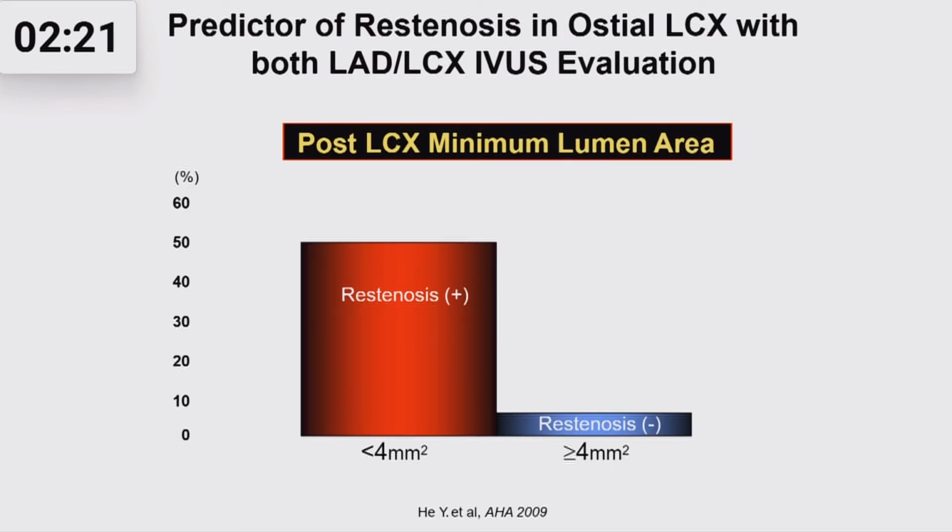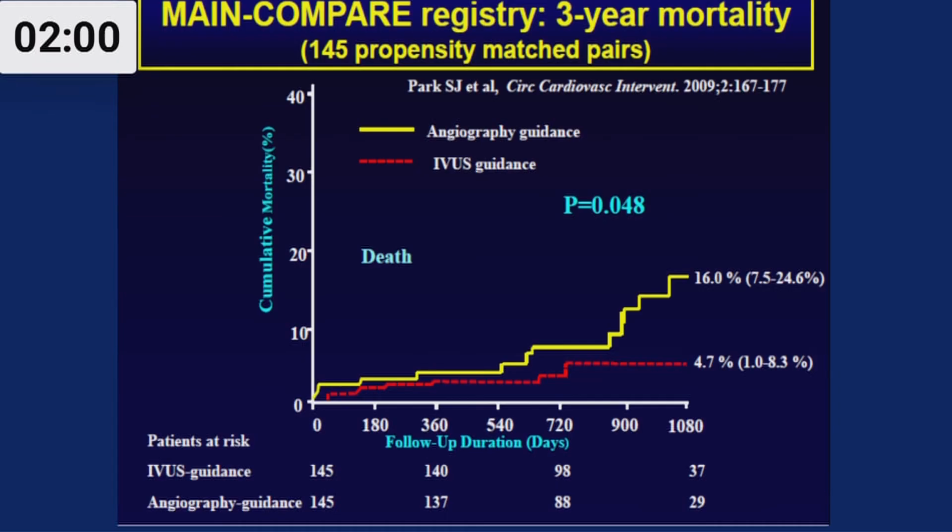And this is a predictor of stenosis in the ostial LCX, with both LAD and LCX IVUS evaluation. If the post-LCX minimum area is less than significant, the stenosis rate is much higher than if the MLD is more than 4 millimeters in the LCX ostium. This is from 2009. And this is the main compare history.